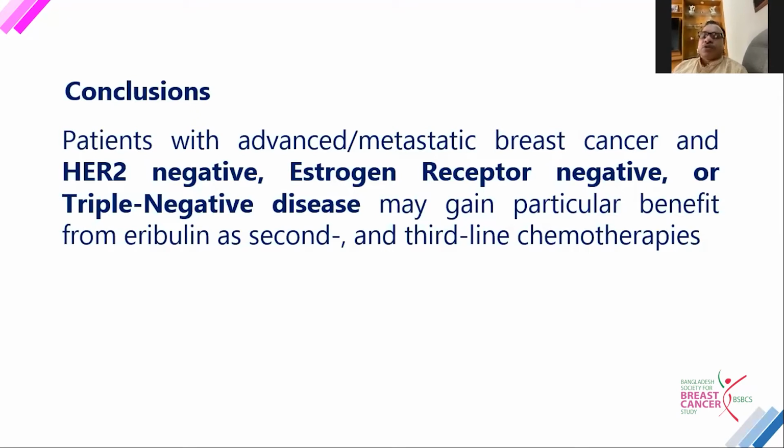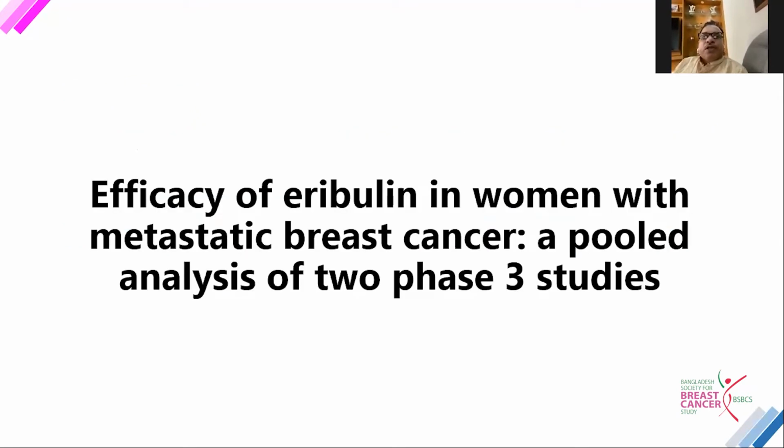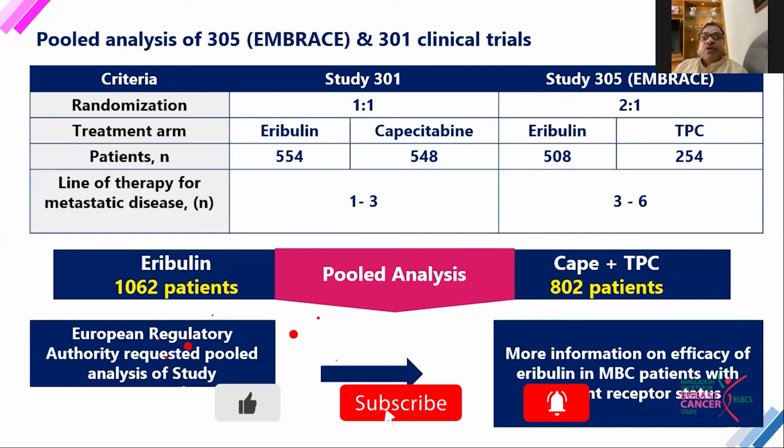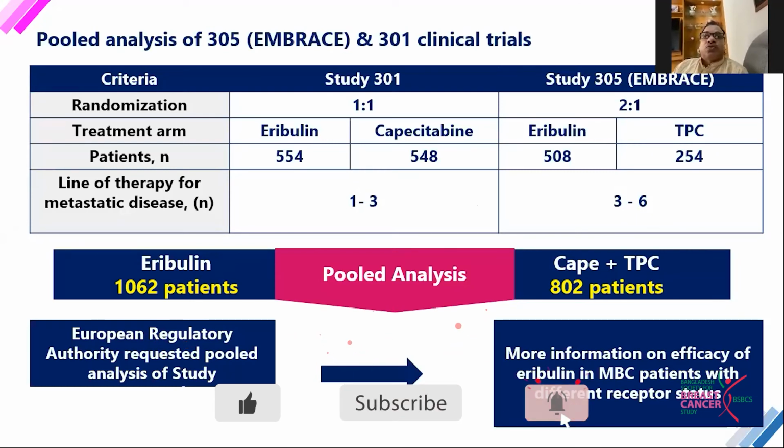particular benefit. So, the efficacy of eribulin in women with metastatic breast cancer: the pooled analysis of two phase 3 studies, Study 301 and Study 305. One group is eribulin versus capecitabine, another group is eribulin versus treatment of physician's choice. Both groups show more benefit in favor of the eribulin group.